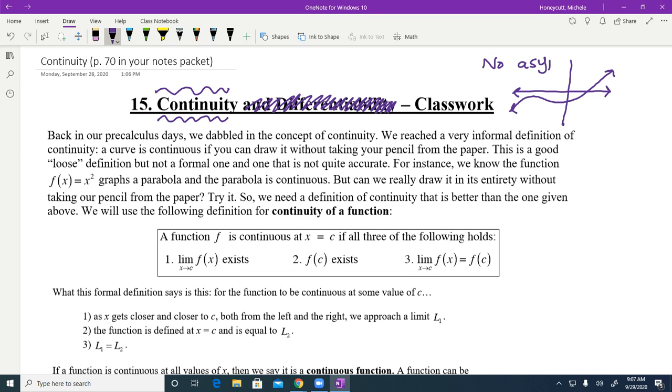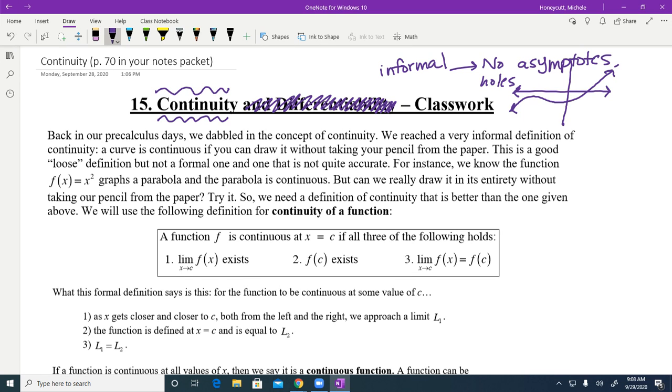I'm writing no asymptotes, holes, and then it continues forever and ever in the right direction and forever and ever in the left direction. This right here is an informal definition of continuity.